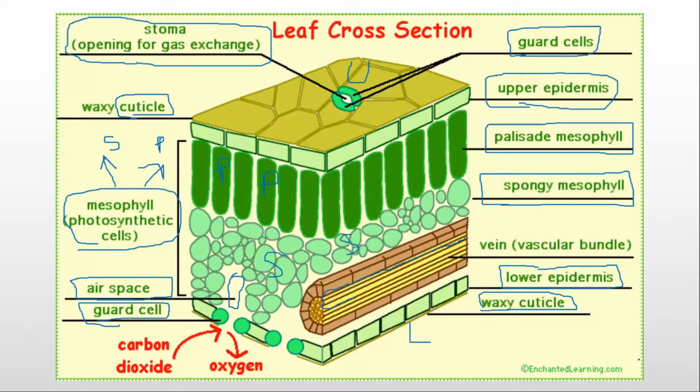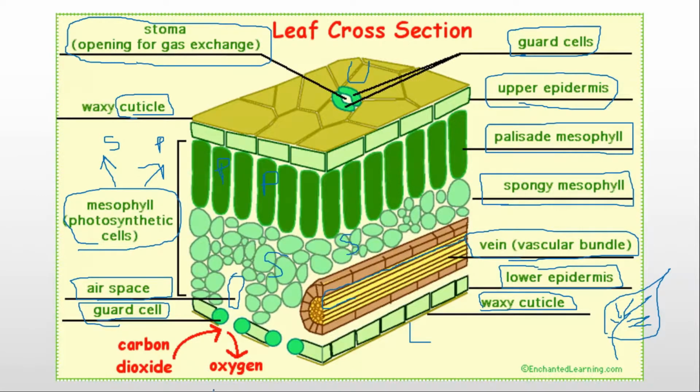Whenever you see a plant leaf, you must have noticed these veins. They are known as vascular bundles. These veins are responsible for the transportation of food, glucose, sucrose, salts, sugars, and water around the plant and the leaf.